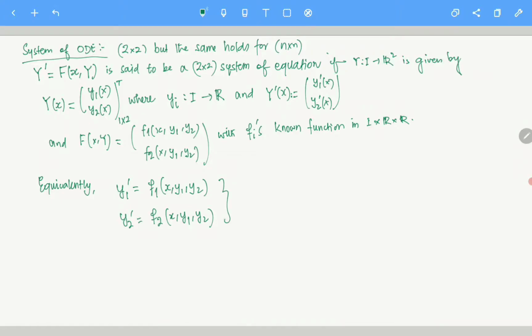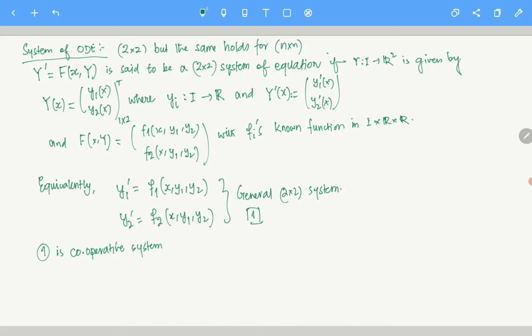Okay, so that's the system of equation. It's a 2 cross 2 system of equation. It's a general equation. So this is a general 2 cross 2 system. Let's call it 1. Let's call the system 1. Now 1 is cooperative. It's called a cooperative system.